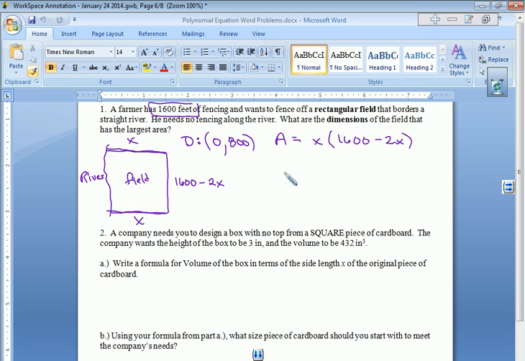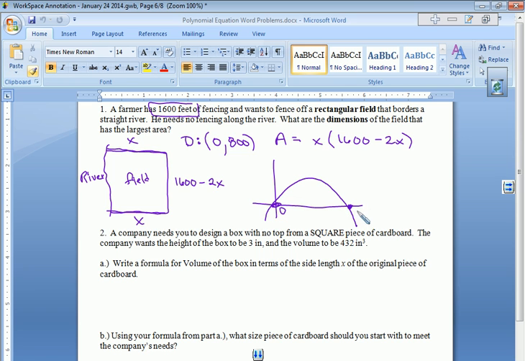So what is the largest possible value for x? 800. The acceptable domain is between 0 and 800. And if I graph this, guys, what would my zeros be? My zeros would be 0 and 800. And so I know it's going to look like this, and it's a what kind of function? It's a quadratic, and my leading coefficient is negative, so it's going to open down, so it's going to look like this, right?